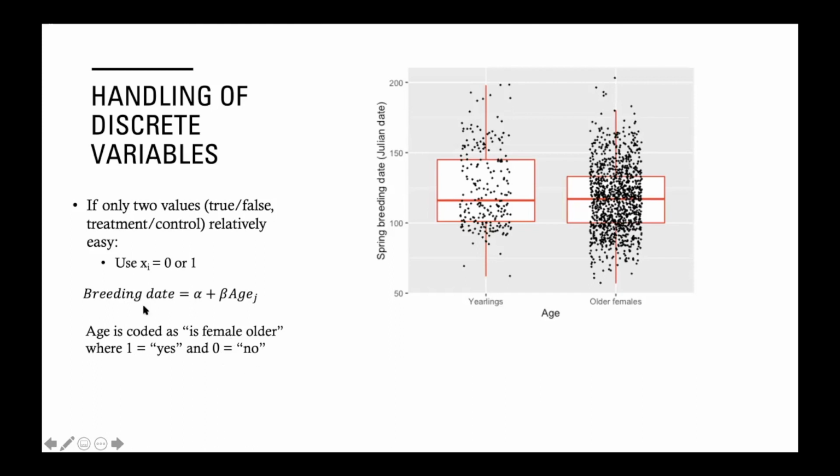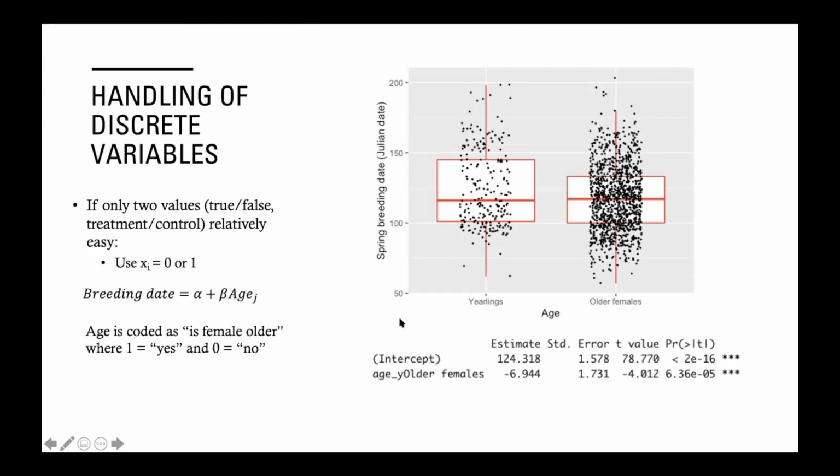So for example, we might predict the breeding date of a female, and if she is in fact an older female as opposed to a yearling, we would insert the value of 1 for this categorical predictor age. So if this is the result of this statistical model, we have an intercept of 124.3 and a beta of the effect of age of -6.9.